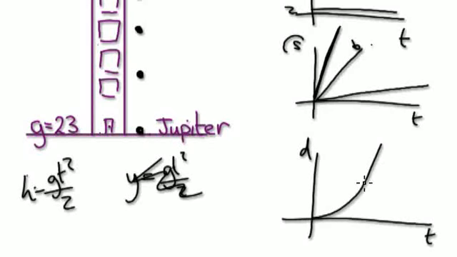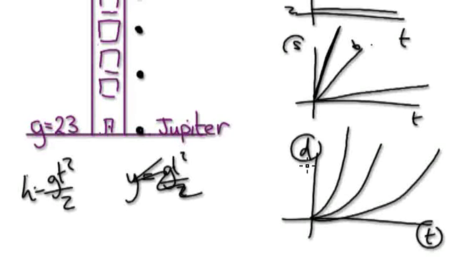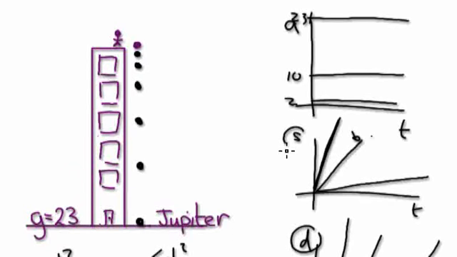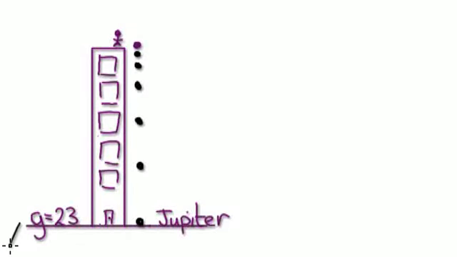Anyway, the distance time graph for Earth looks something like this. On the Moon it's probably shallower, something like that. On Jupiter it's a lot steeper. Anyway, the question is, find out the speed and the distance for each of these. Okay, so press pause and have a go.